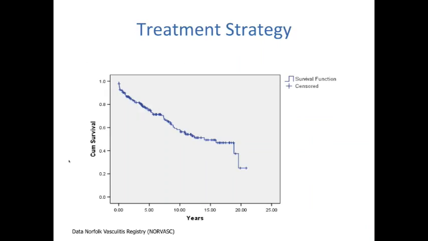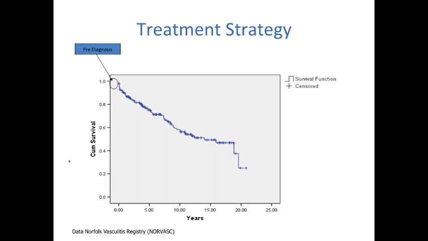So what is the overall treatment strategy? This is a slide that's taken from a single center registry of patients based in Norfolk, and shows the survival of patients with ANCA vasculitis up to 15 to 20 years.